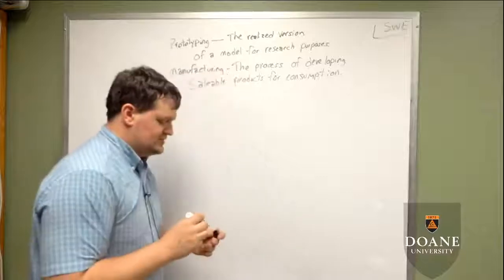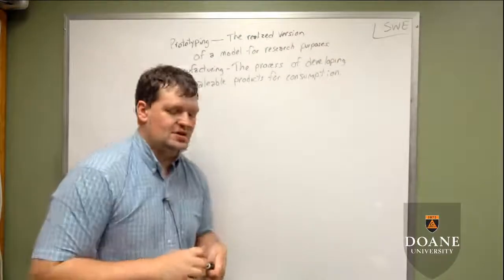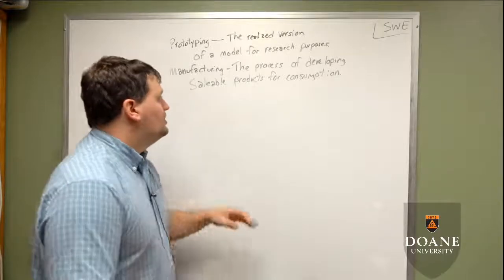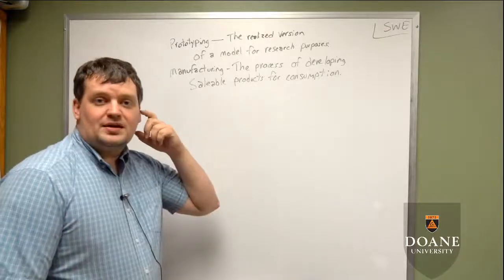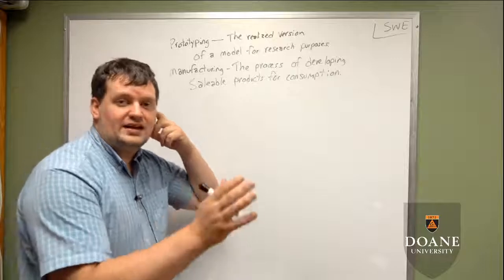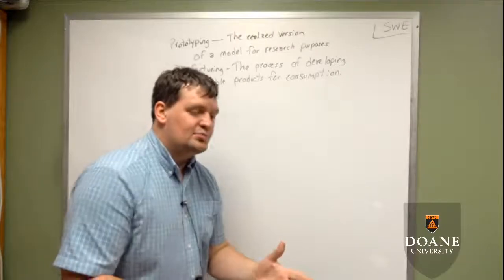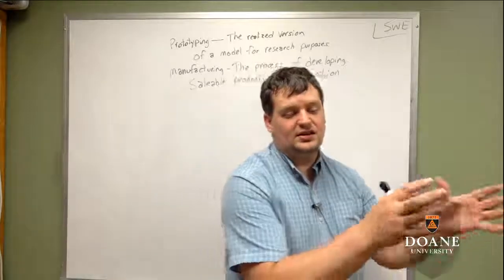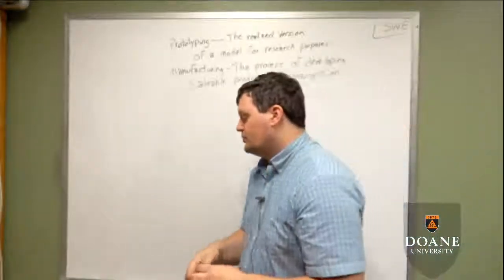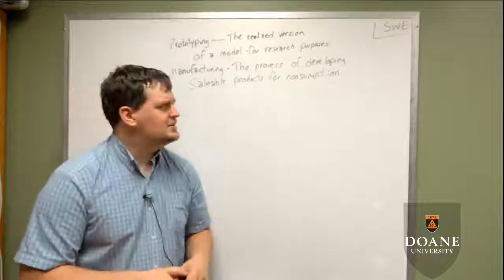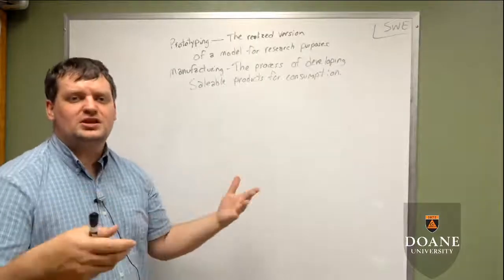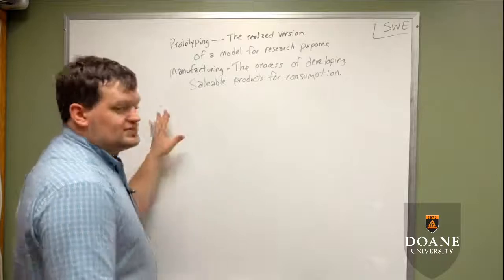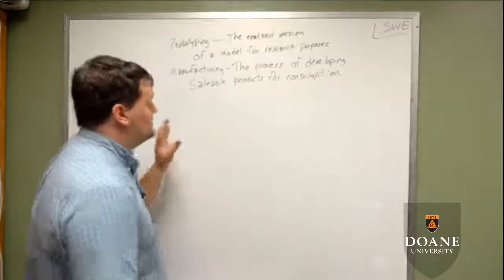Now, consumption can mean many things. It can mean use, it can actually mean consumption, but manufacturing is the process of making a product, converting it into a saleable entity, and then getting it ready to be consumed, be used by some consumer somewhere.